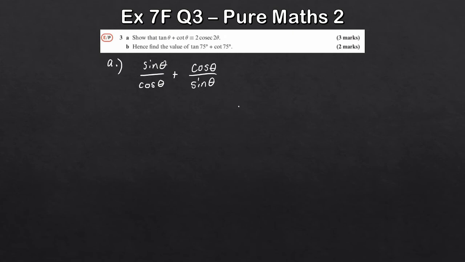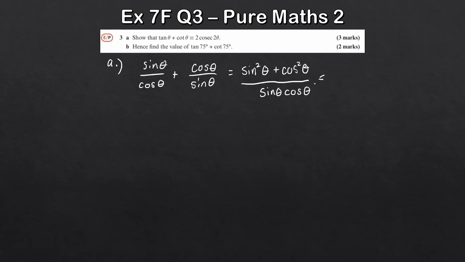Well, you can multiply across here, so this would be sine squared theta plus cos squared theta divided by sine theta cos theta.